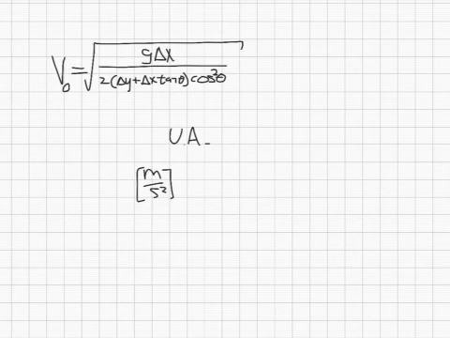If we're in the SI system, we're going to be in meters. On the bottom of our fraction, we have 2, which is a constant, so there's no units here. We have delta y, which is a displacement in the y direction, and delta x again.